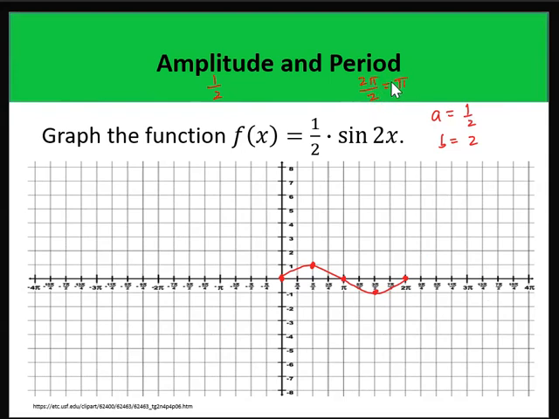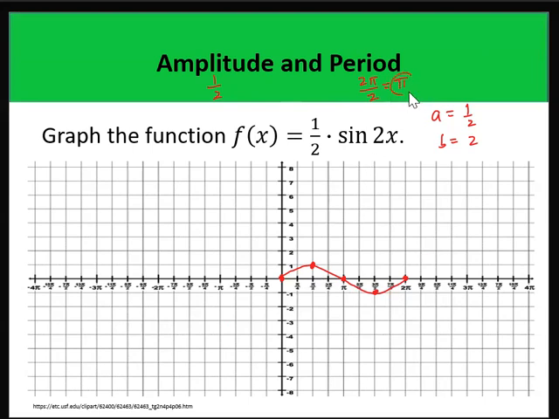So this means that there will be a vertical shrinking of the basic sine function and a horizontal shrinking of the basic sine function. So what will be the labels of the x coordinates of the 5 highlighted points of this particular function?